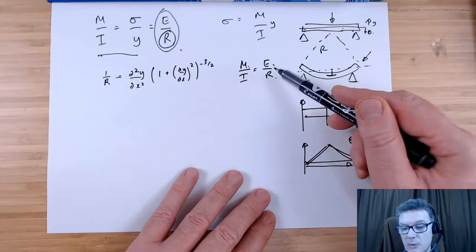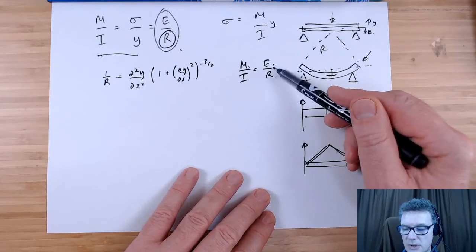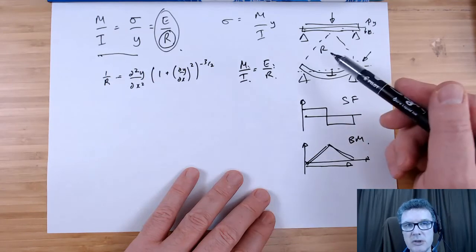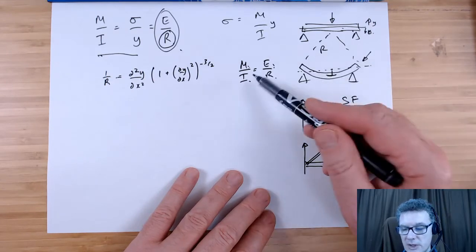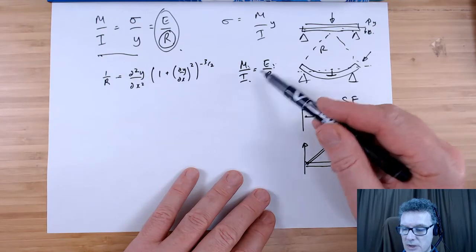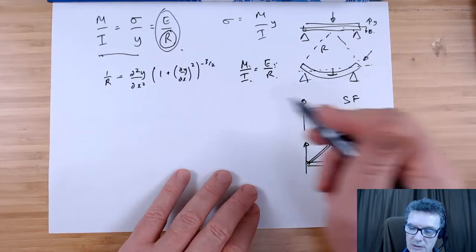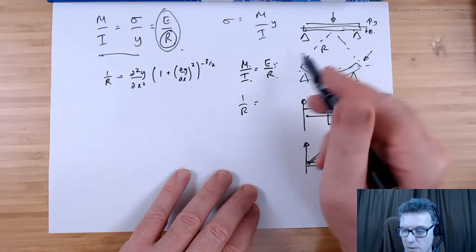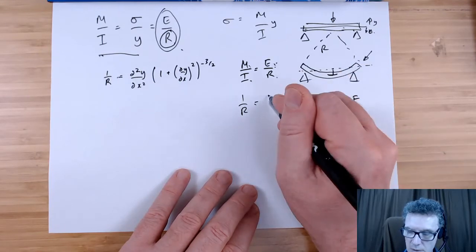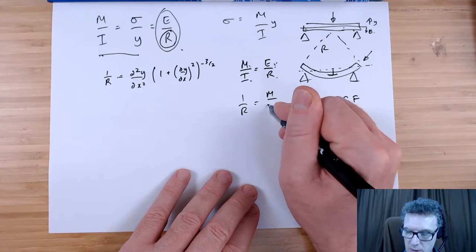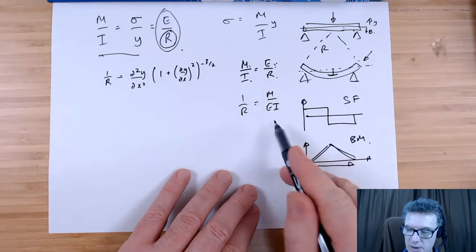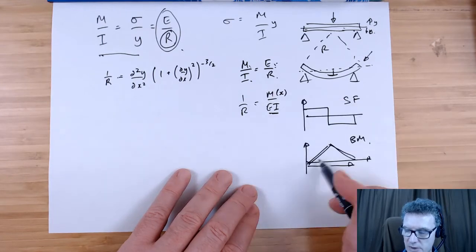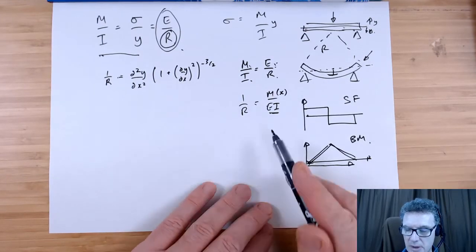Not necessarily, we could actually vary it, but we assume that the Young's modulus stays the same, and we assume that the cross section and therefore the second moment of area stays the same. So these two are going to be constants, and then that leaves us with 1 over R equals M over EI. So that's all just a constant. This M is a function of x, as I go from there to there.